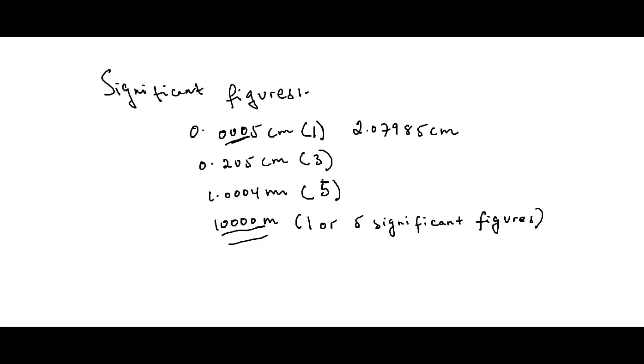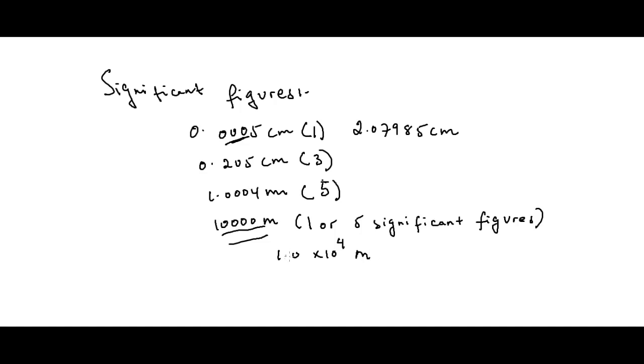One way to identify that, if you would like to rewrite this number, is to use scientific notation. Maybe you can say 1.0 times 10 to the power of 4 meter. Always remember that units are very important.